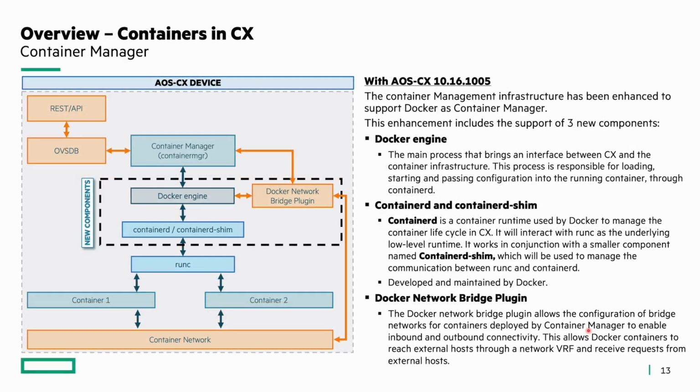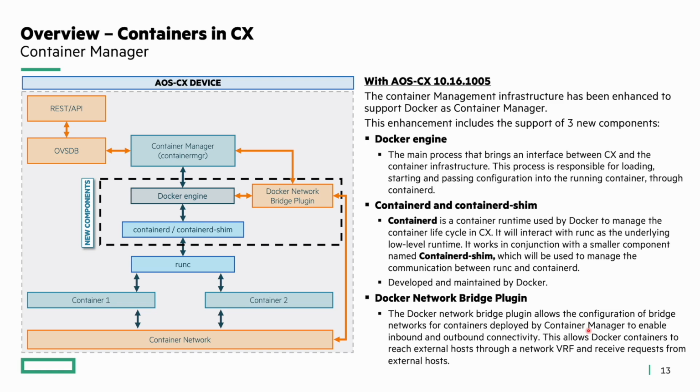But with AOS-CX 10.16.1005, we now have three more components. So we have the Docker engine, which is now the main process that brings an interface between CX, the container manager and the container infrastructure. This process is responsible for loading, starting, and passing configuration into the running container. And Docker engine uses containerd, which is a container runtime used by Docker to manage the container lifecycle in CX.